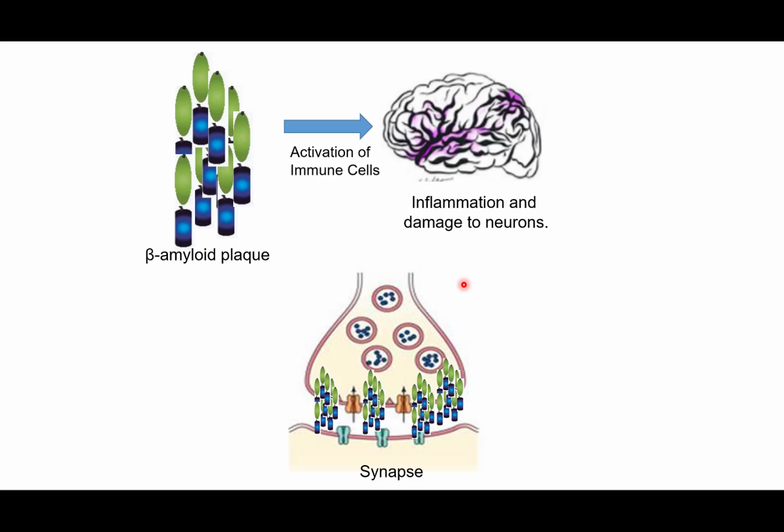We can get rid of a sticky note, but not a whole sticky note pad. What the heck is that? So they mount an immune response. They're like, don't worry, we got this. We got you covered. We'll get rid of this plaque. And in the process, they're trying to get rid of it. They can't. So guess what they do? They mount an even bigger response. They're like, okay, this is not big enough, bigger and bigger and bigger, until they try to get rid of it.